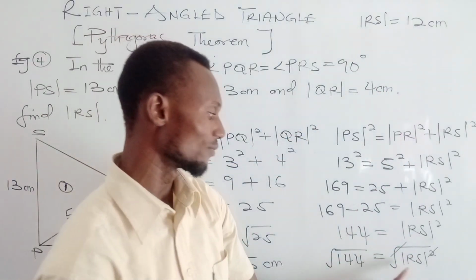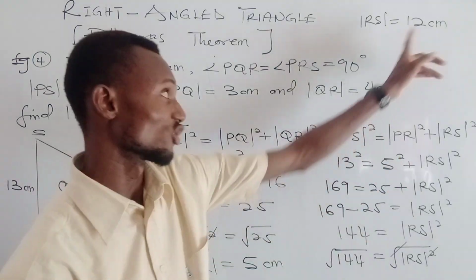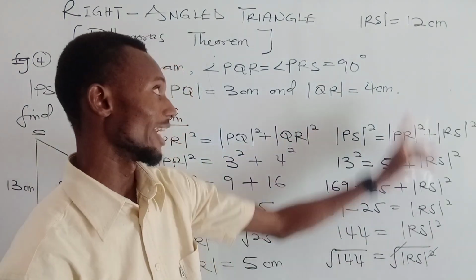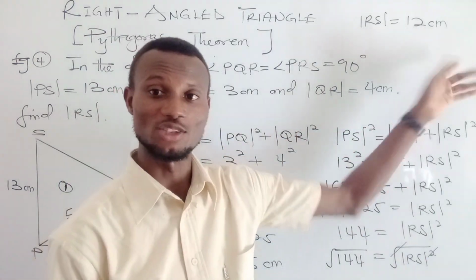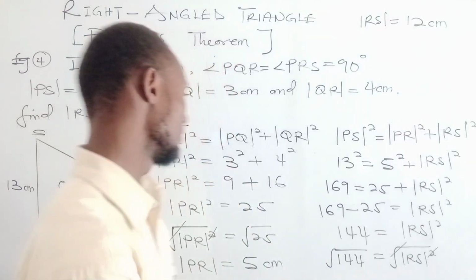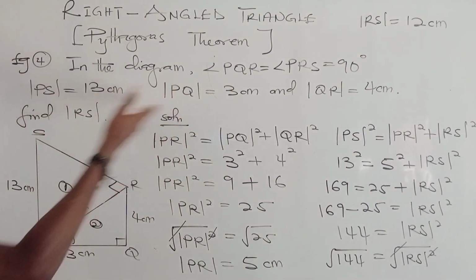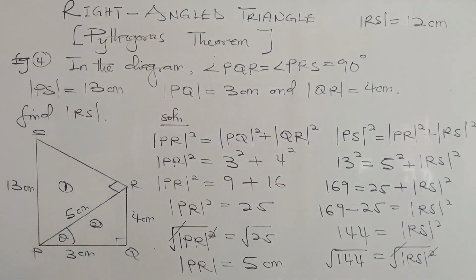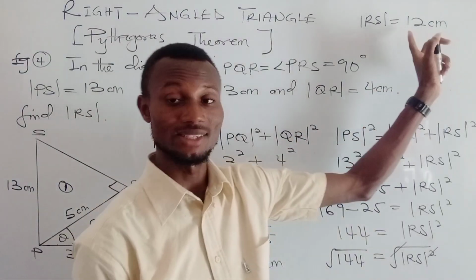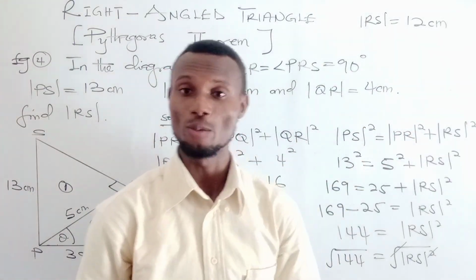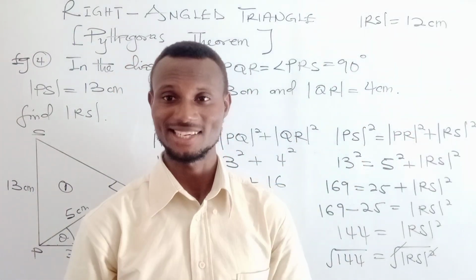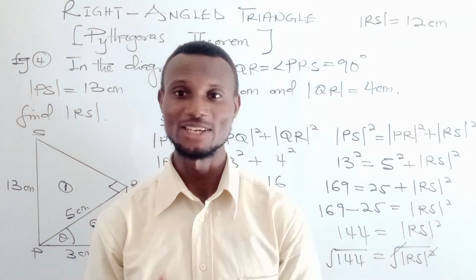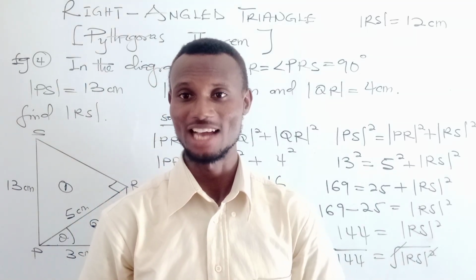So the square root of 144 is 12, so line RS is equal to 12 centimeters. You bring the units, because the values given were in centimeters. I hope the explanation was clear enough and you understood it as well.